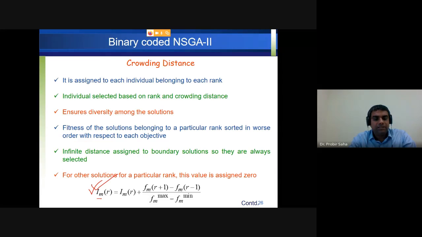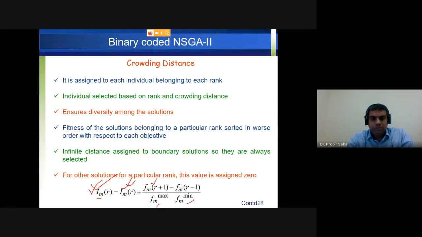This is the crowding distance for objective function 1 for solution number r: its crowding distance for objective 1 plus the fitness function of the next minus the previous one, divided by the maximum fitness function minus the minimum fitness function. Now, I thought it's not making any sense if I go like this.